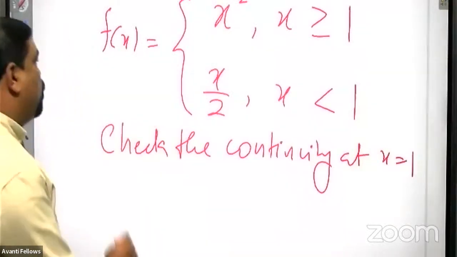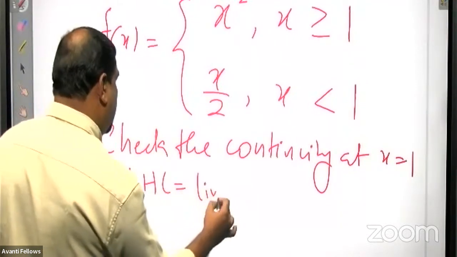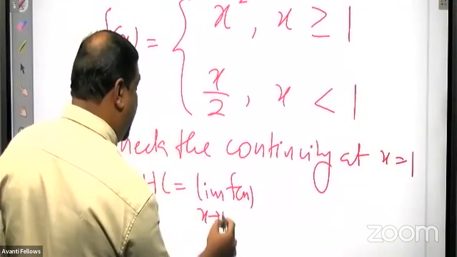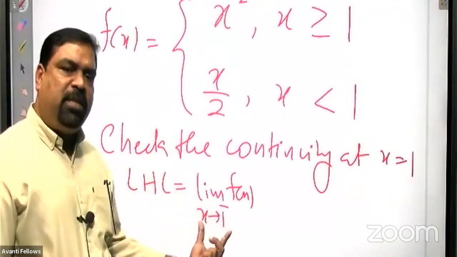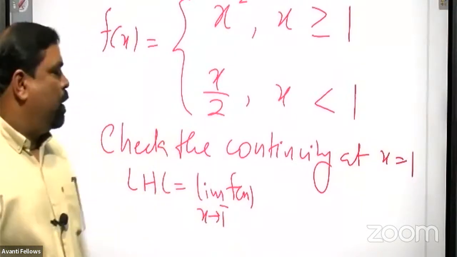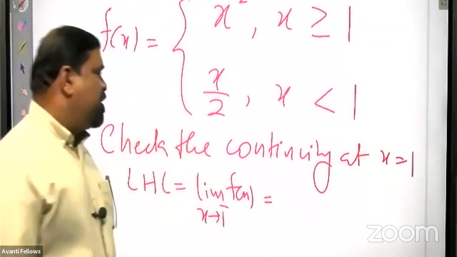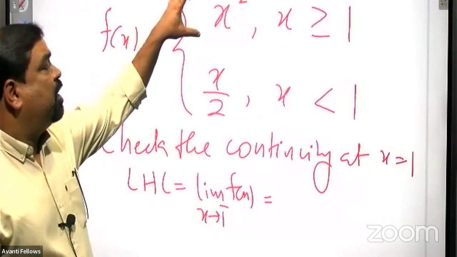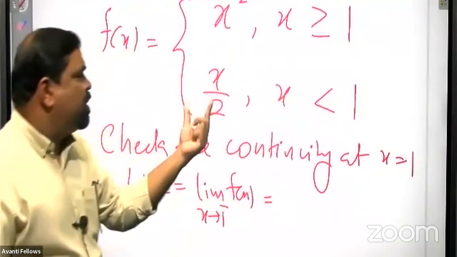So what we have to do is find the LHL. What is LHL? Limit of f of x as x tends to 1 minus. We write x tends to 1 minus, that stands for the LHL. Here the function has two branches. For greater than or equal to 1, the function is x square, and for less than 1, the function is x by 2.